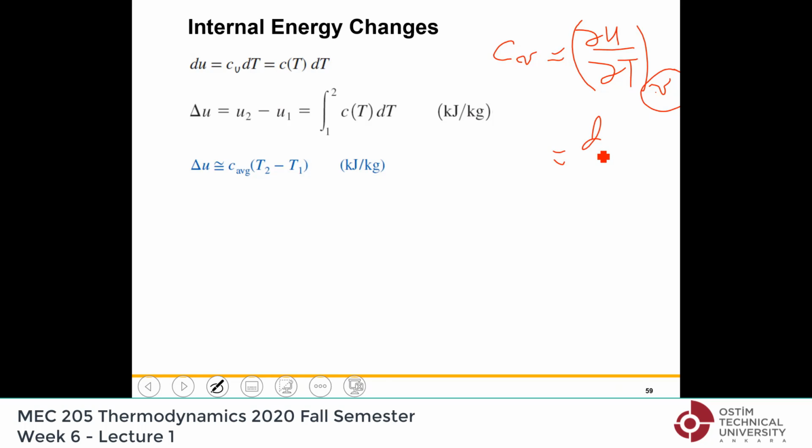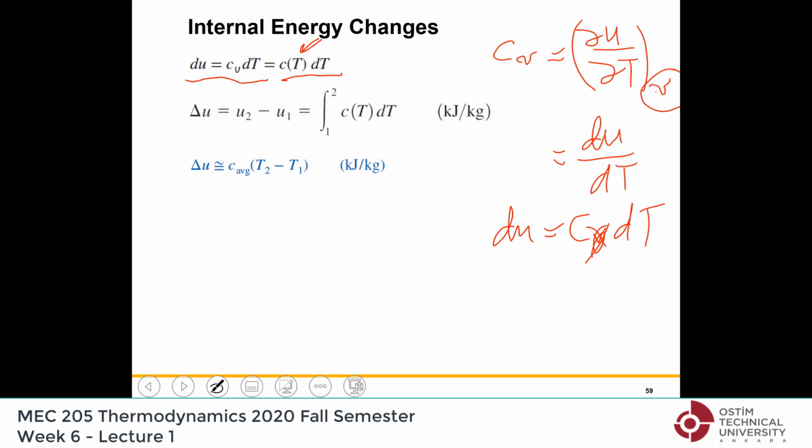We can express this as du divided by dt, the regular differentials, which means du is equal to C, and we get rid of the V also, C dt. Okay, so here it is, du is CV dt, which is C dt. Again, it doesn't change with pressure or volume, so it depends on temperature only, like ideal gases.